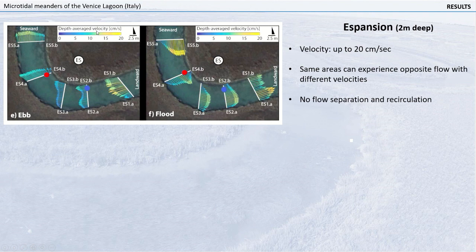So mutually evasive currents, as predicted by classical models, and it is also pretty evident here that we don't have any clear flow separation or development of recirculation zones. I want to highlight again this point about the mutually evasive currents, stressing that the maximum velocity zones are always measured, both in the flood stage and ebb stage, close to the inner bank, close to the point bar.